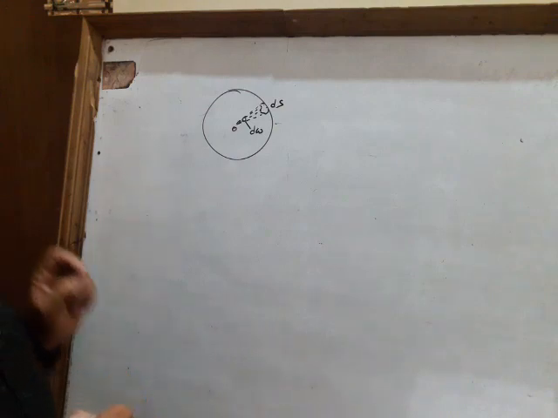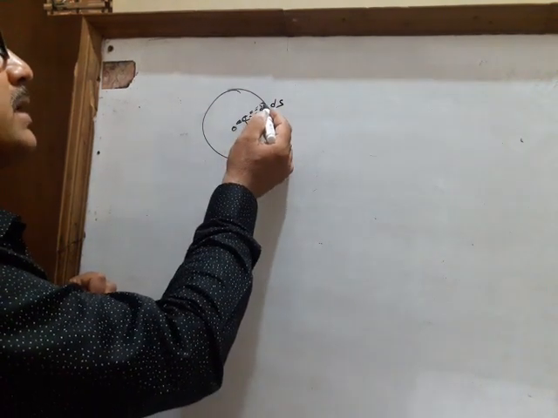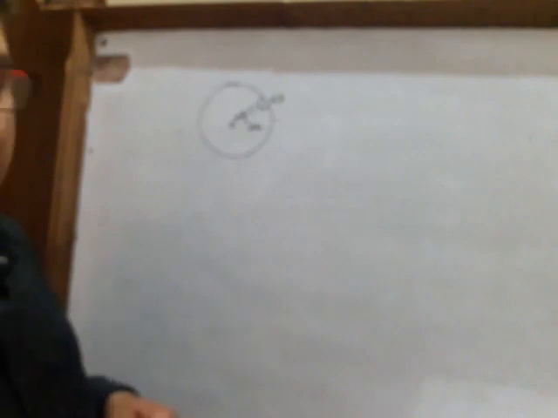So this is known as the solid angle. The angle subtended by this small surface element at the center of this sphere is known as the solid angle.